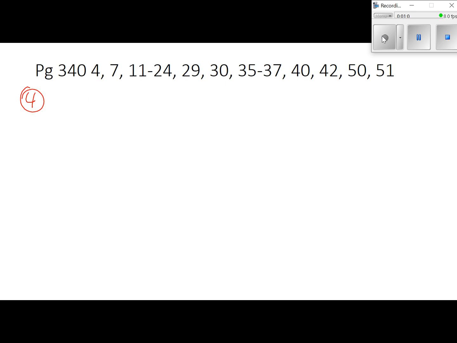It's proving something by going a roundabout way to get to it. Instead of proving that something is true, we prove that something else isn't true, to show that what we want has to be true. On number 4, you can just skip it because we didn't go over it.